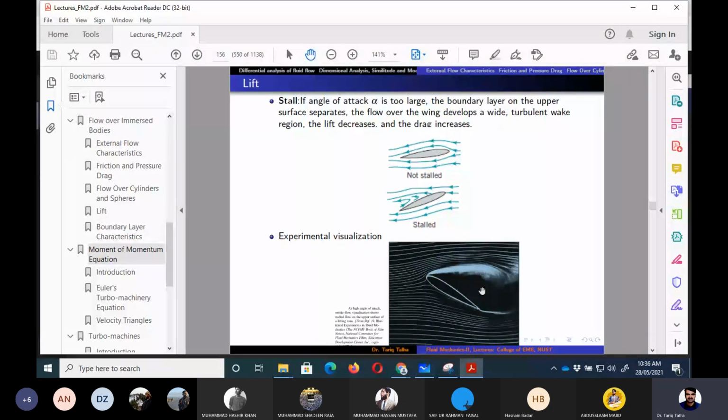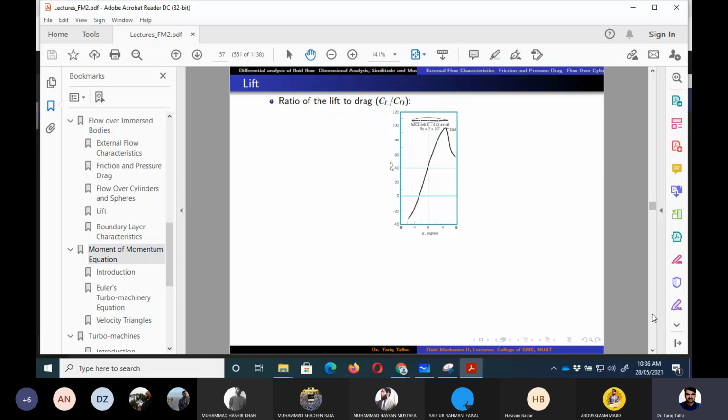And when there is more drag on the body, consequently the velocity decreases, and due to that lift also decreases. And then in the last we discussed the use of wing flaps.